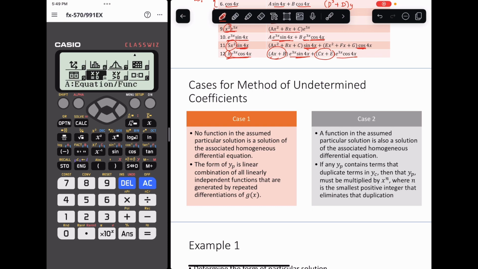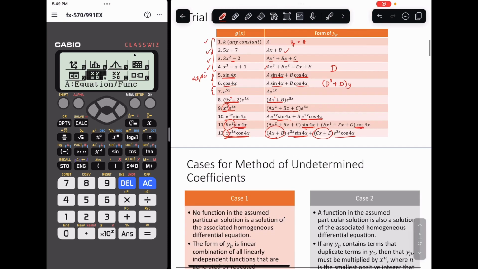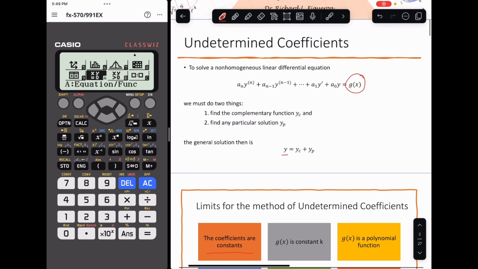In solving a non-homogeneous equation using undetermined coefficients, there are two solutions that we will be getting: the complementary solution and the particular solution yp. Let's say we are given a complementary solution c1 e raised to x plus c2 e raised to negative x.